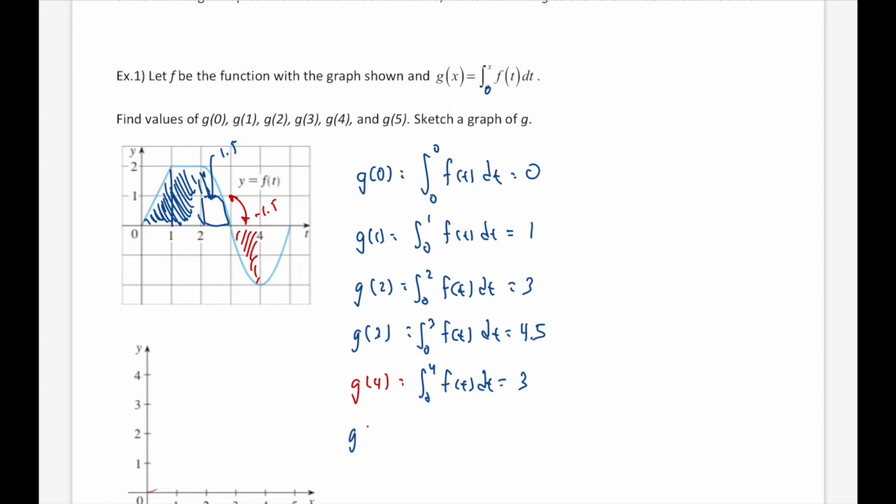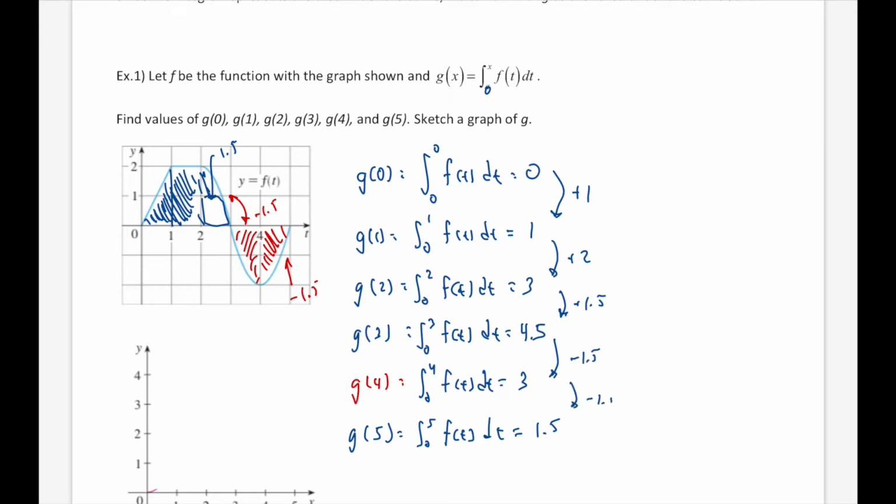And then lastly, g of 5 would be the integral from 0 to 5 of f of t dt. And again, that section is below the x-axis, and it's about symmetric, so that's maybe another negative 1.5. So we'd be subtracting 1.5 again, giving us a value of about 1.5. So I'm adding that area, plus 1, plus 2, plus 1.5, but then we are subtracting area, negative 1.5, minus 1.5.